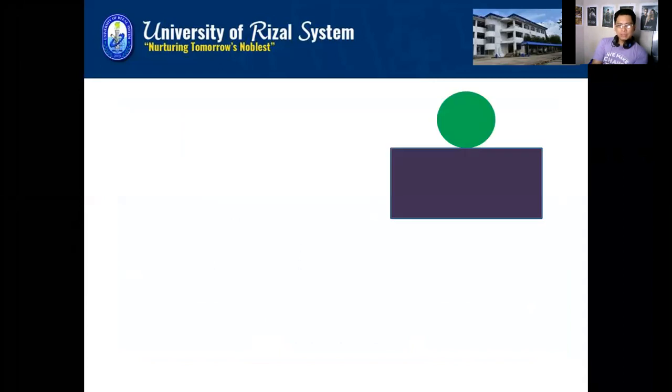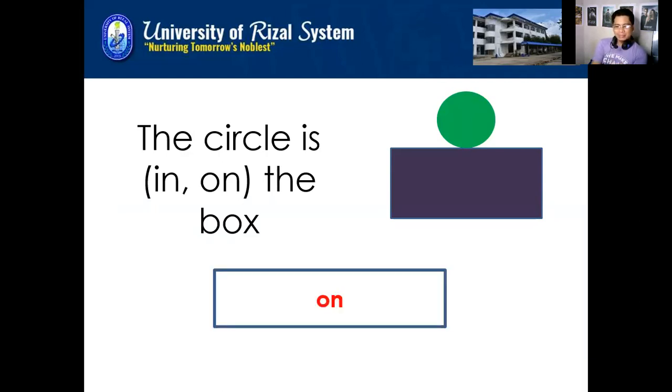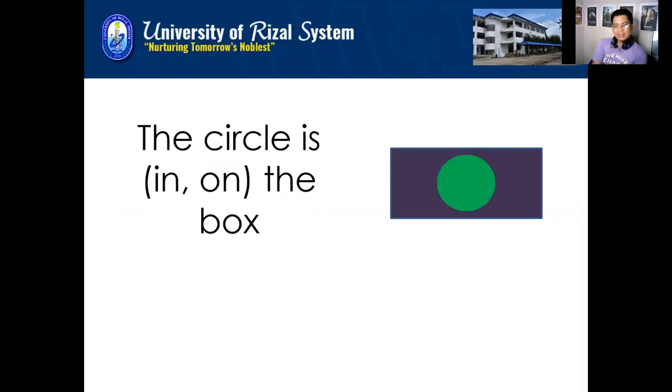Okay, so if you're just going to describe, the circle is in or on the box. Which do you think is the appropriate one, in or on? Okay, it's on. Let's have the second one. The circle is in or on the box.